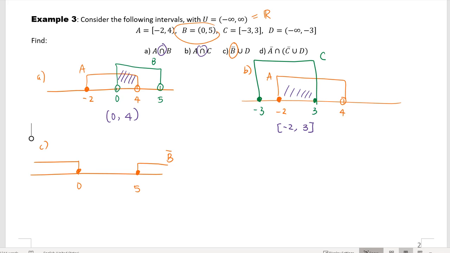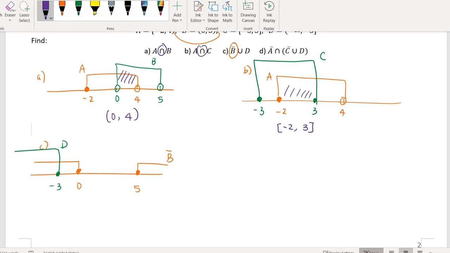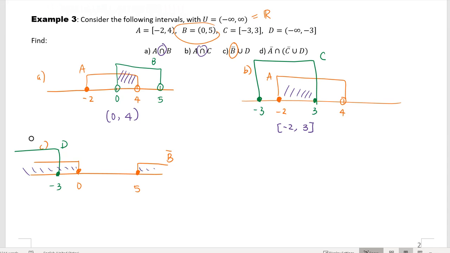D is minus infinity to -3. -3 right here, and include that. So this is D. When we talk about the union, it means all the region under those lines. So in this case, union is like everything under the lines. So it would be minus infinity to 0, include that, and then we put union because it's like 2 intervals.